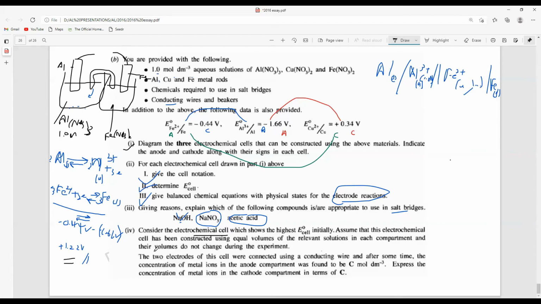Assume that this electrochemical cell has been constructed using equal volumes of the relevant solutions. So we are using 1.0 M, let's say 10 cubic centimeters for an example. This is also 10 cubic centimeters. Just to imagine, let's say this as V. And this volume does not change during the experiment.